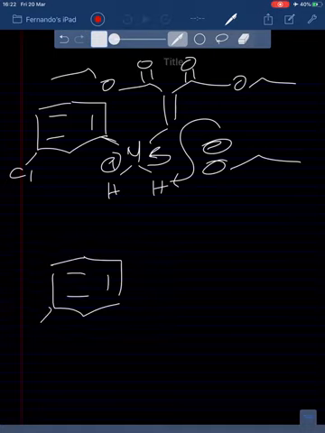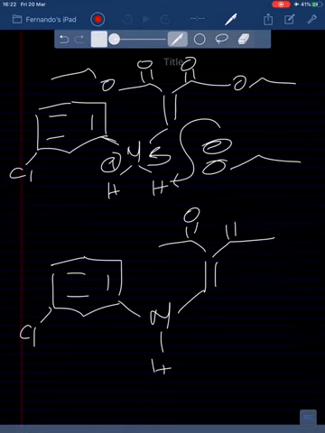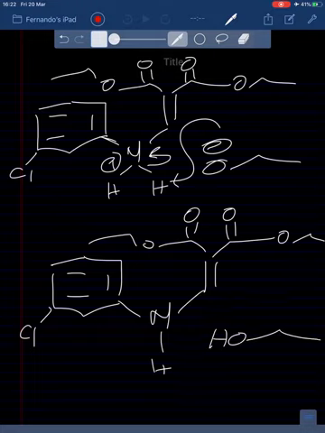There you go. Chlorine. Nitrogen, now only attached to one hydrogen, attached to a carbon, a double bond, and the rest of the malonic acid derivative. Plus HO. There you go.